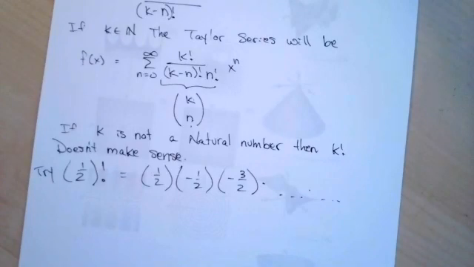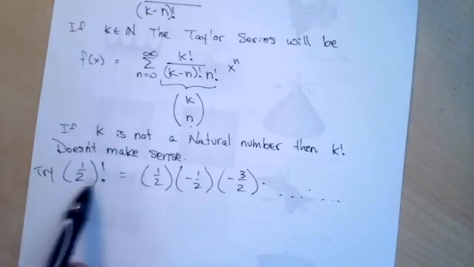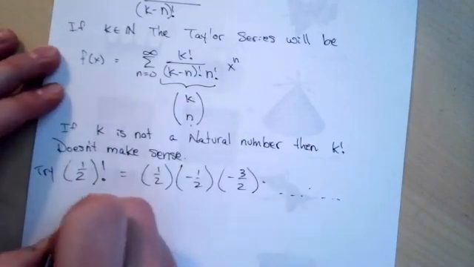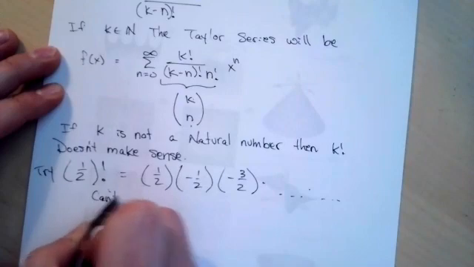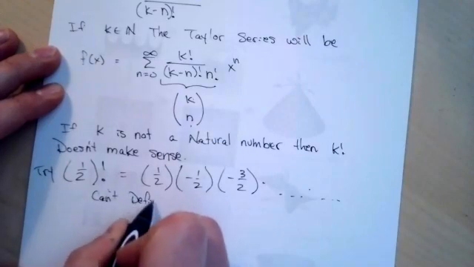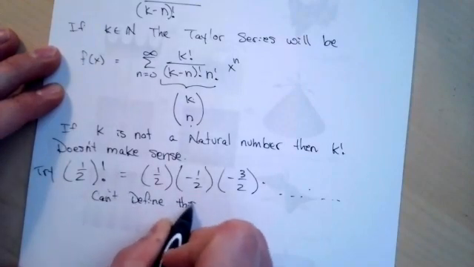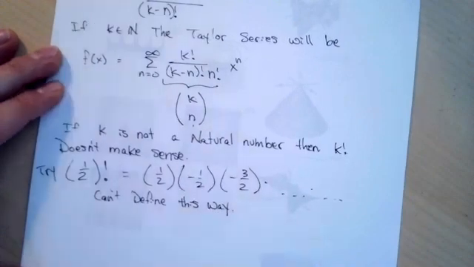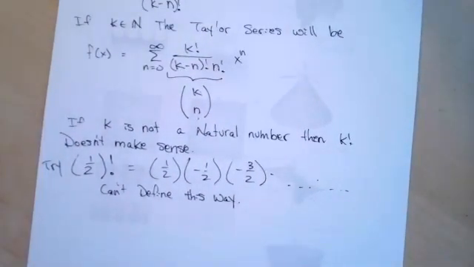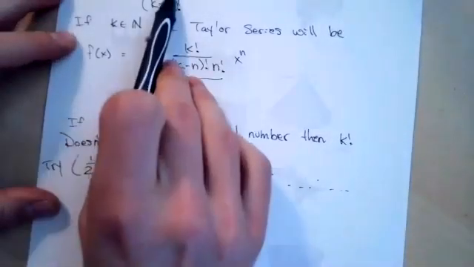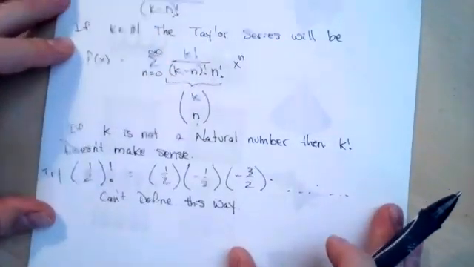So dealing with a fractional factorial, it would be, by definition, infinite every single time. So it's not a great way to define it this way. Though it's not entirely wrong, at least the process, when we're talking about what's going on in terms of sums and series.